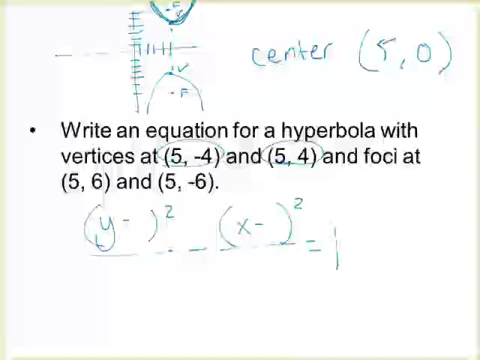So that center right in the middle of those vertices is at 5, 0. That's our h and k. So that's what we plug into the parentheses. 0 with the y and 5 with the x. If you didn't write -0, if you just wrote a plain y squared on top, that's totally fine. And that's how the answer key in the book will do it for stuff like that. But if you write the 0, that's absolutely fine too.